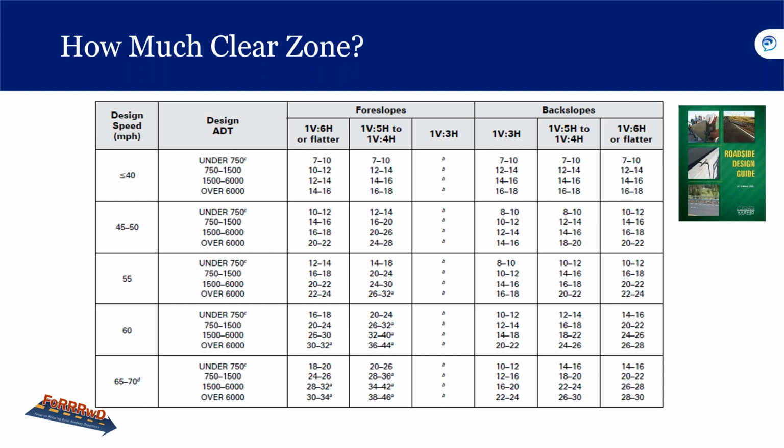So the AASHTO Roadside Design Guide is your reference for this information. You see a picture of the Roadside Design Guide there on the top right of the slide, and you can just Google this and find it. That's a good resource.